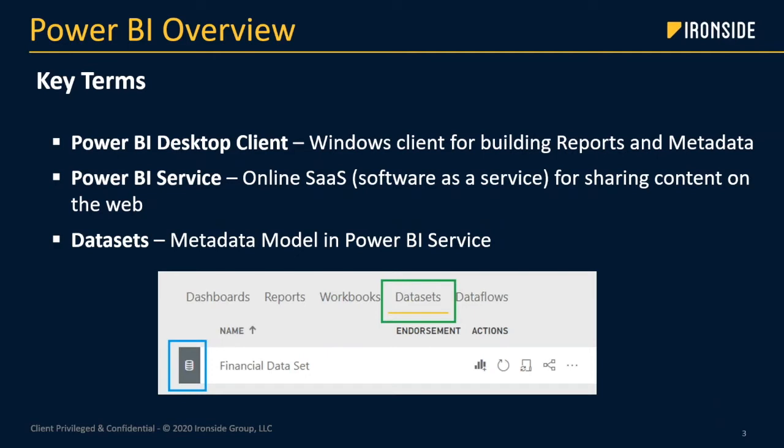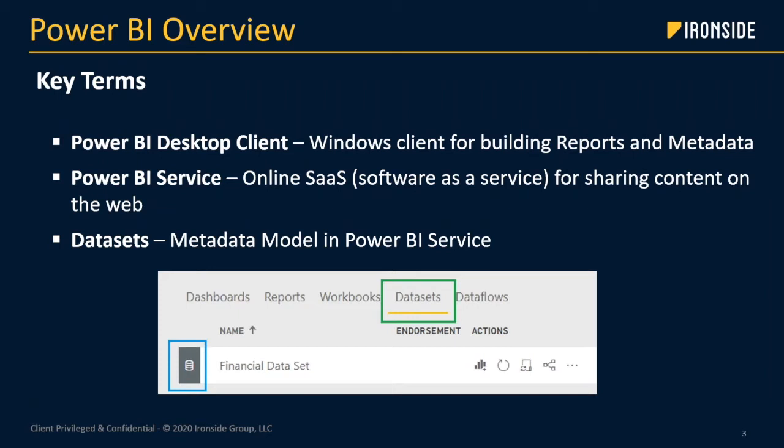All right, good deal. Thanks, Scott. All right, so since everybody is somewhat new to Power BI, I want to talk through some key terms just as far as the software that's being used as part of today's presentation. The three main things we're going to show are the Power BI desktop client, which is the Windows client that you use to build Power BI reports and also data sets, which are metadata models.